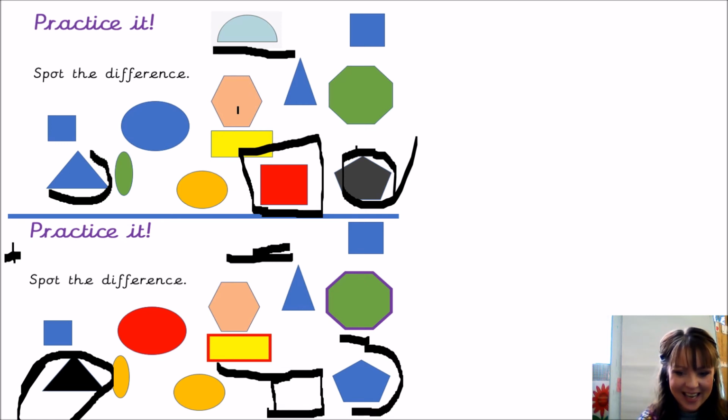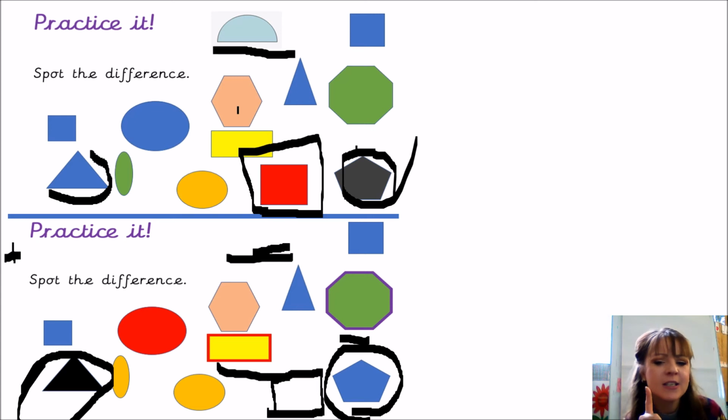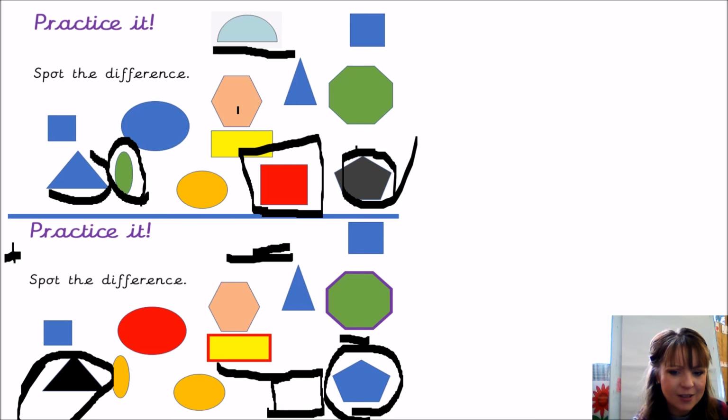No. Here it's blue. There's a difference in one of the ovals. Can you find the ovals in these pictures? Look at this one. What's the difference on the other picture? Did you spot it? The oval is yellow on this picture.